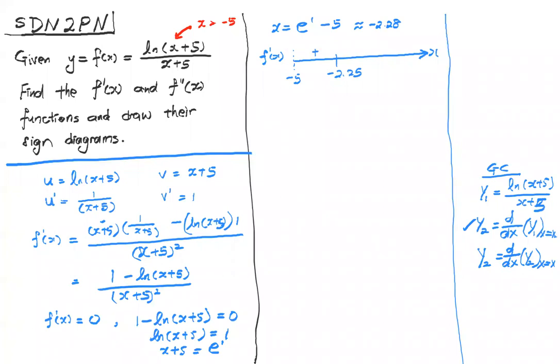That means you call out your Y2, then you key in any value between here. I put negative 3 and press enter, it will give you a positive value. Then greater than negative 2.28, it will be negative, am I right?